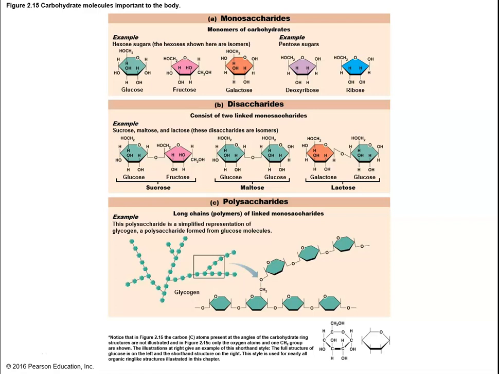Polysaccharides are long chains of monosaccharides hooked together. The glycogen example we saw on a previous slide is a polysaccharide. So poly means many. So many monosaccharides hooked together, forming a larger chain of something.